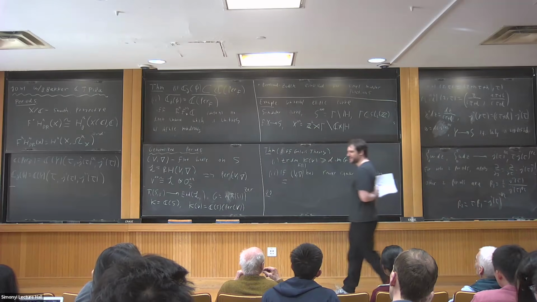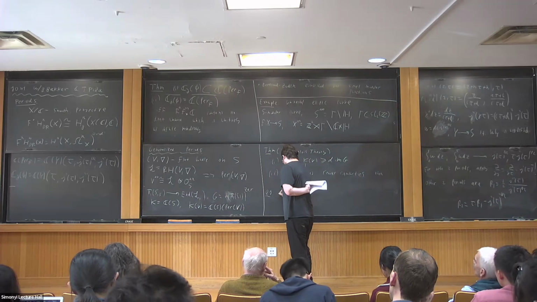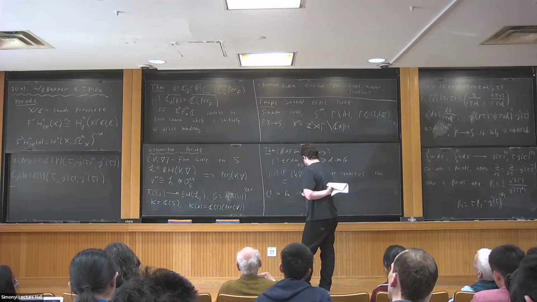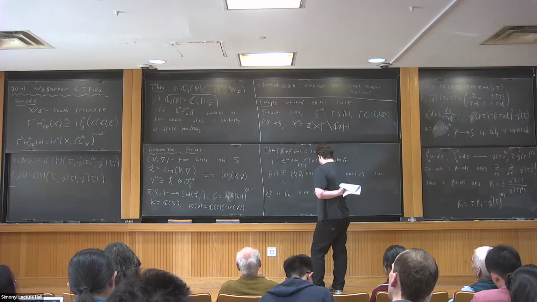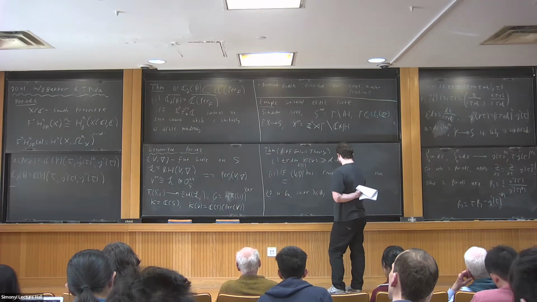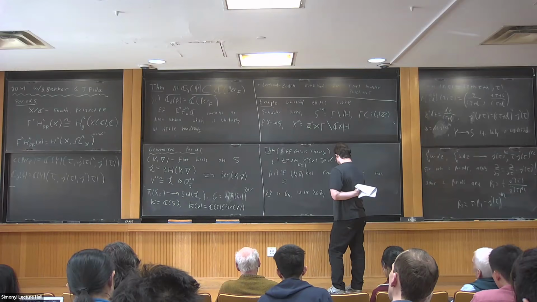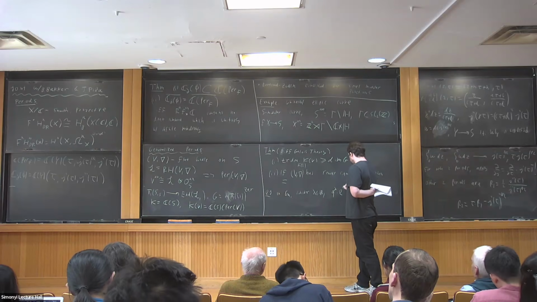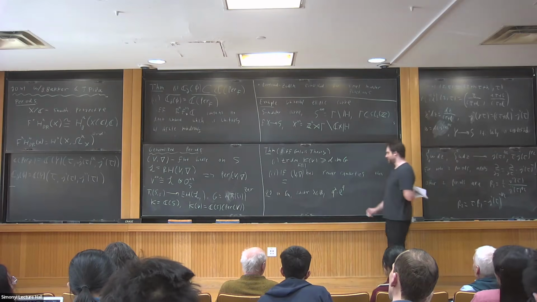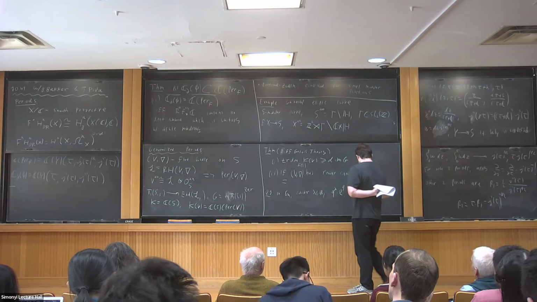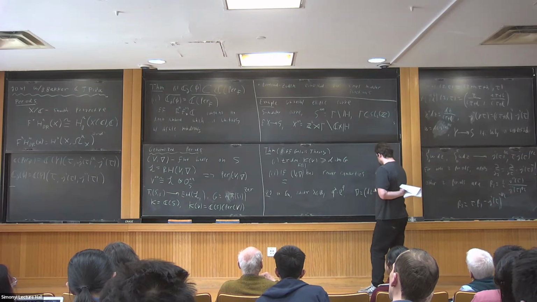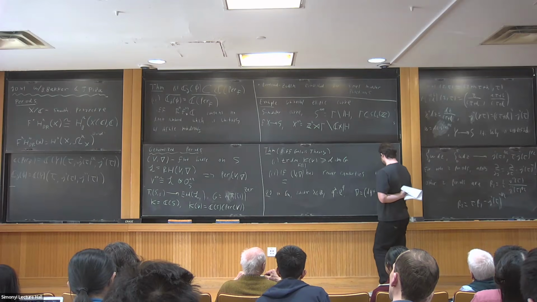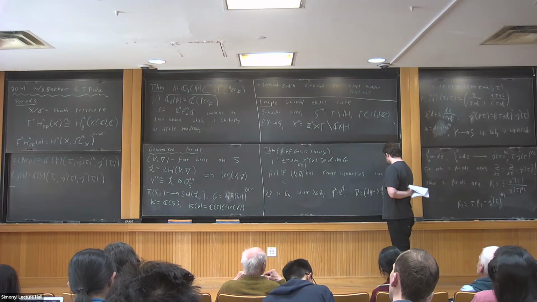And the answer is no. An example is on G_m: consider some non-rational lambda, and look at the function q^lambda times e^q, where q is the variable in G_m. The connection is d plus lambda dq over q plus dq.